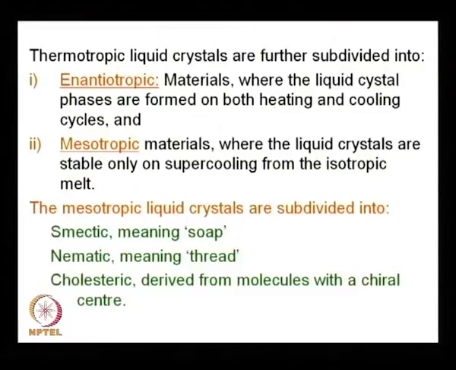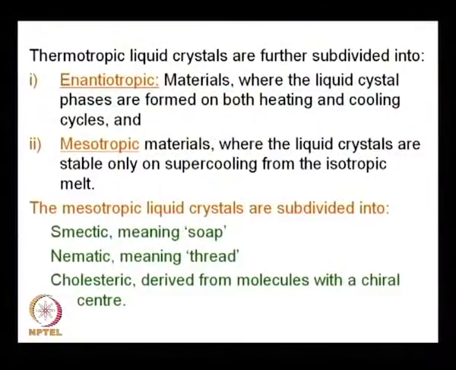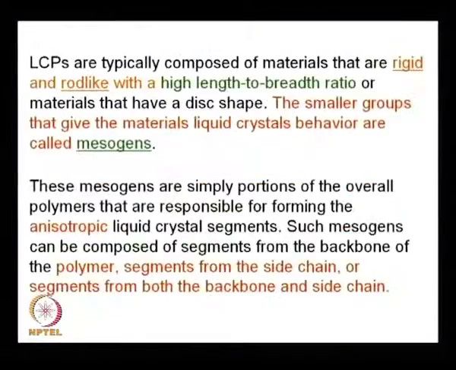The polymer melt may be isotropic, but due to supercooling it may form some molecular order. The liquid crystals are further subdivided into smectic meaning soap, nematic meaning thread, and cholesteric derived from molecules with a chiral center, an asymmetric center.